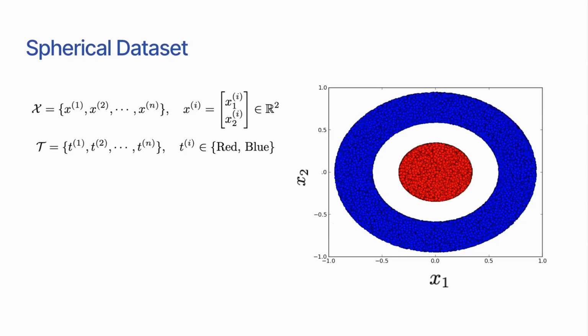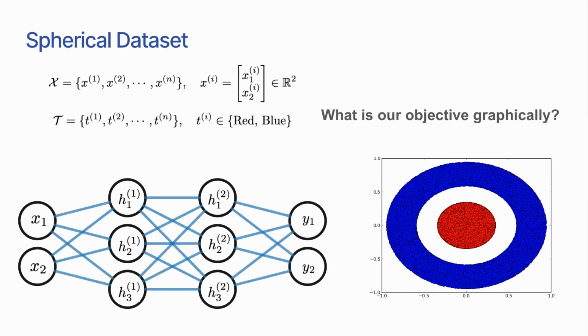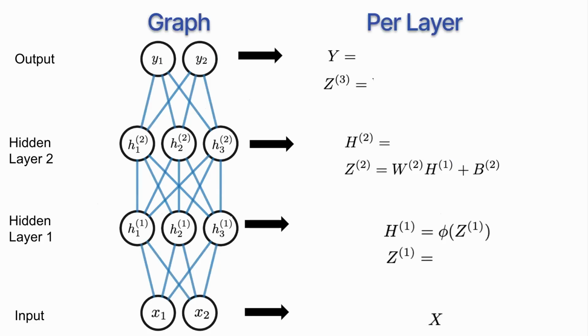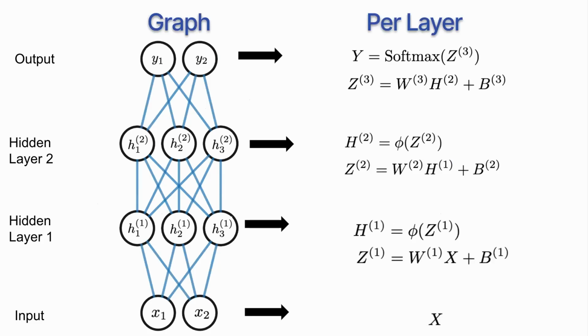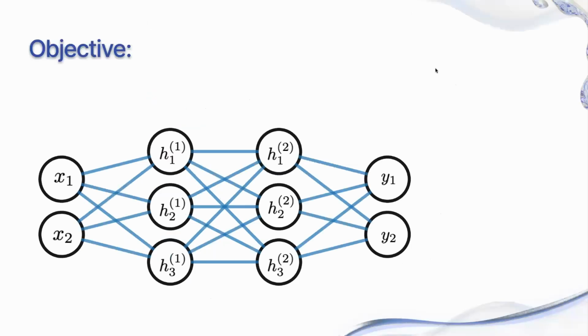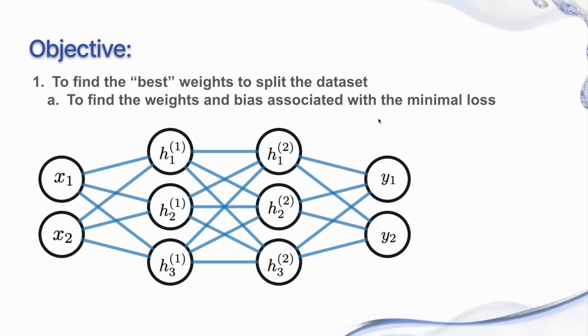So take the same example as last time, our spherical data set. We have this neural network. As a brief recap, each neural network can be vectorized in this format, where we have an activation function and a weighted sum. Our objective is to find the best weights.